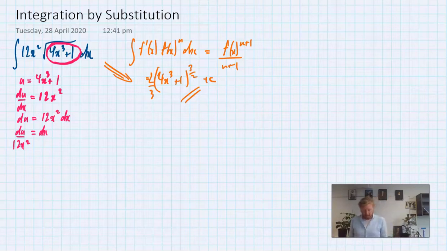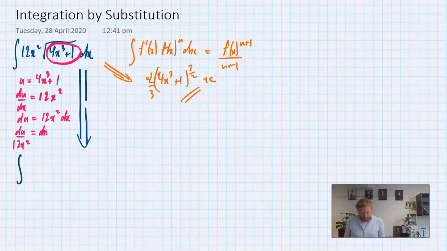Now, what I do is I substitute everyone in. This top term here will now become the integral of 12x squared square root of u times dx. Now, I'm just going to use dx is that.